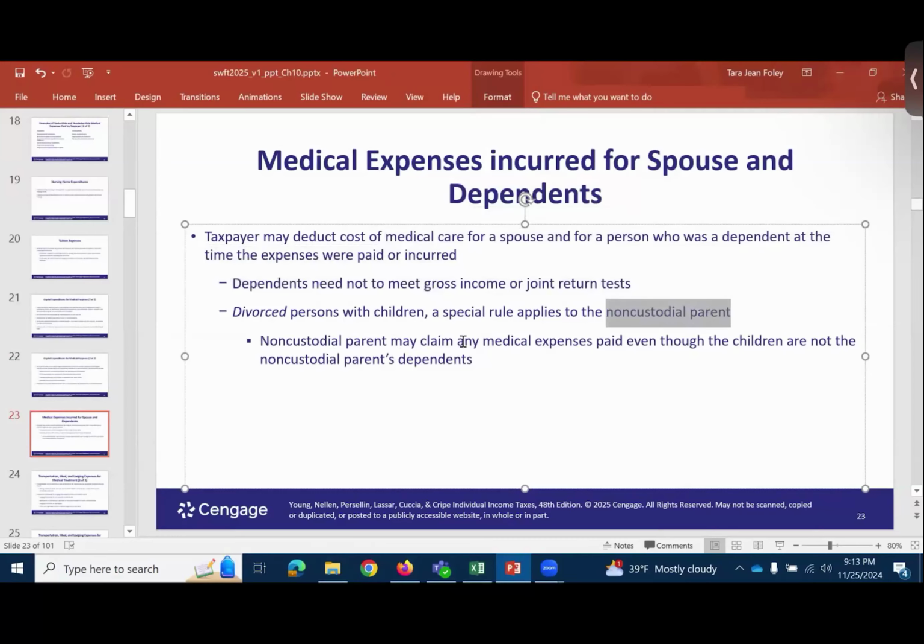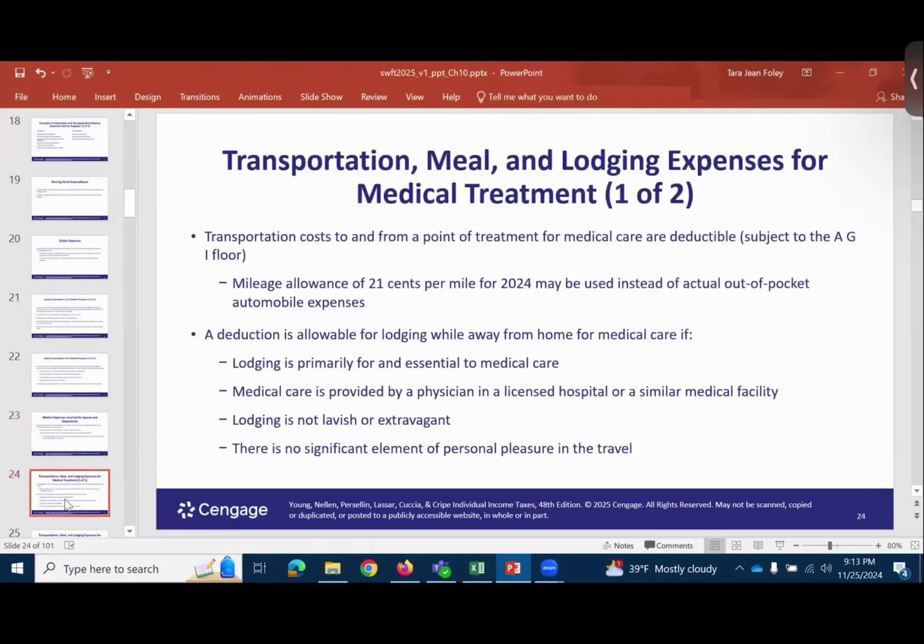The non-custodial parent may claim medical expenses even though the children are not the dependents of the non-custodial parent. If you're driving back and forth for treatment, for example, I have a friend whose daughter has Down syndrome, can't communicate, and she got lymphoma, and so they had to drive 2 hours to the nearest children's hospital to get the cancer treatment.